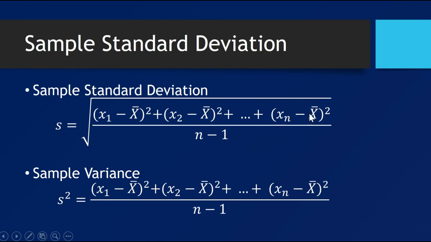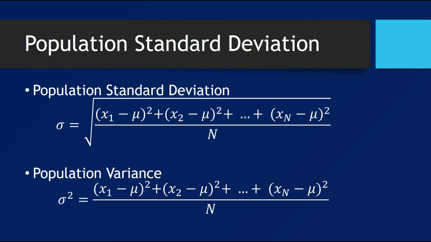Well, if we're assuming that n is the sum of the probabilities, that gives me a big problem when I'm dealing with sample standard deviation, because the sum of the probabilities has to add to 1, and the denominator for a sample standard deviation is n minus 1. So if I put a 1 in there, 1 minus 1 would be 0. Dividing by 0 is an undefined mathematical object.